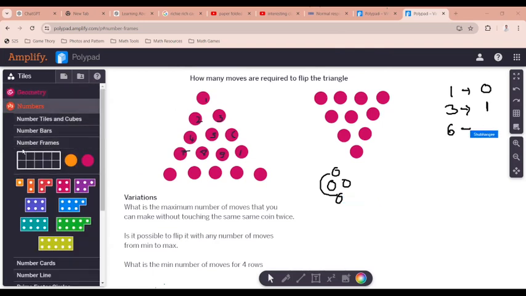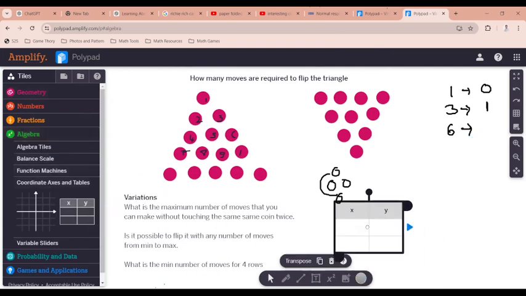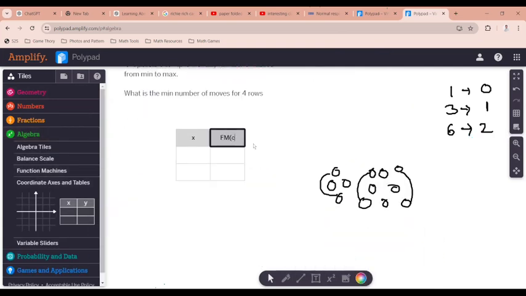With 6 stones, you need 2 moves. Can you see? With 10, we have seen that there are 3 moves. With 15, I found 5 moves.